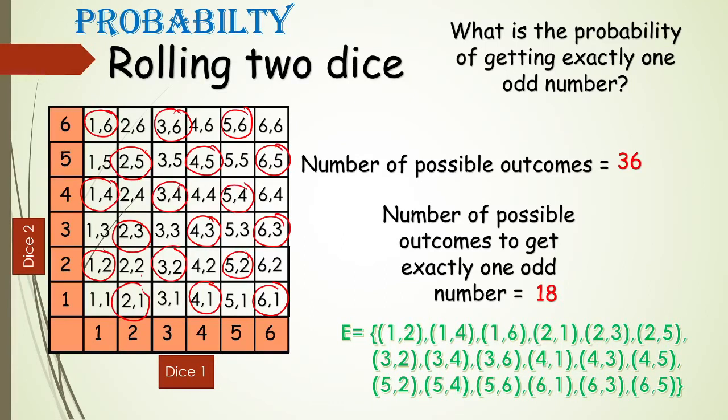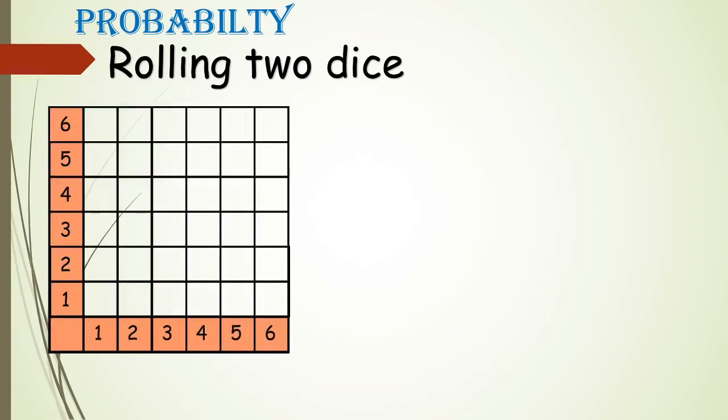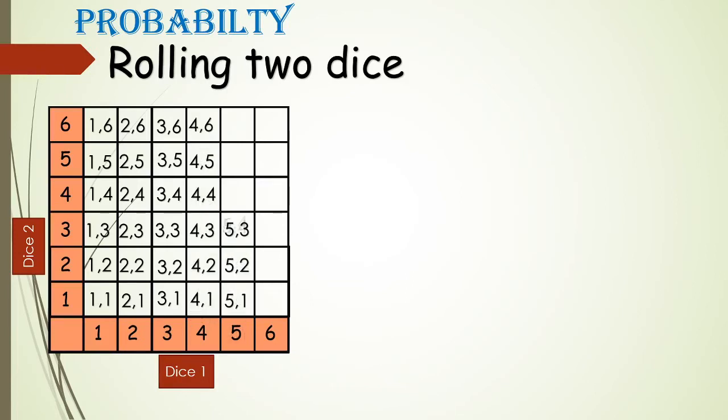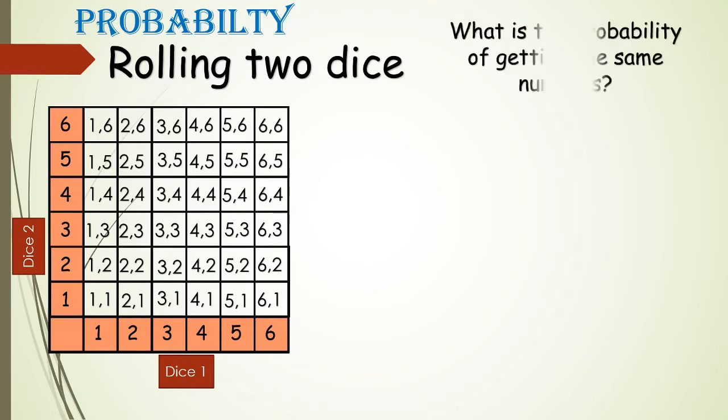What is now the probability of getting exactly one odd number? 18 over 36. Reduce that. 1/2. Okay? Still rolling 2 dice. Let's play on this, because you'll be given a lot of problems on this, so when I give exercises, you already have the idea on how to go about the problem. Okay, this one. What is the probability of getting the same numbers?